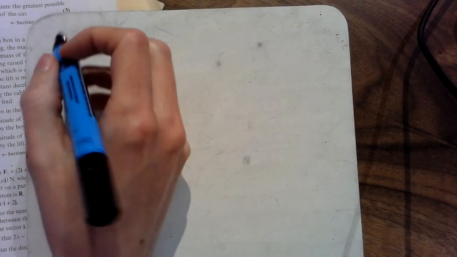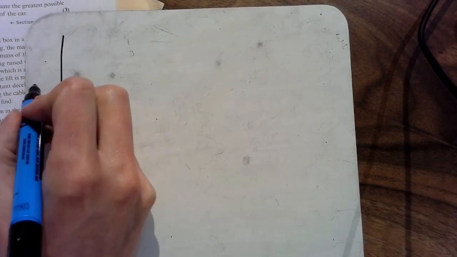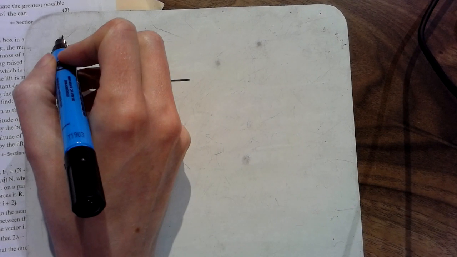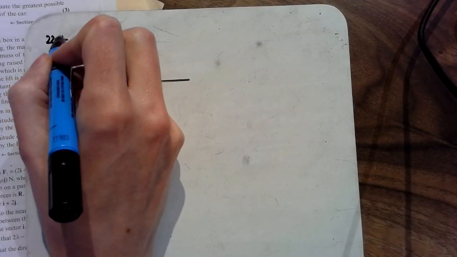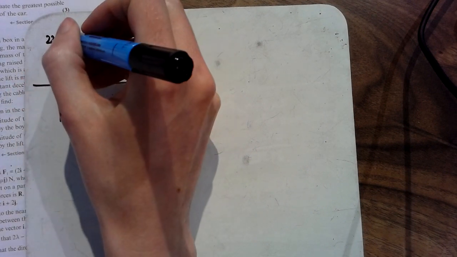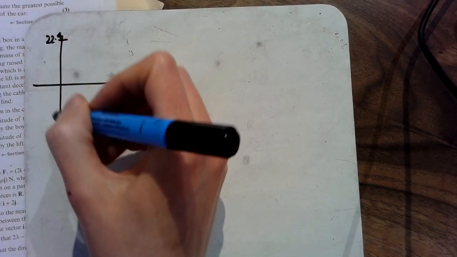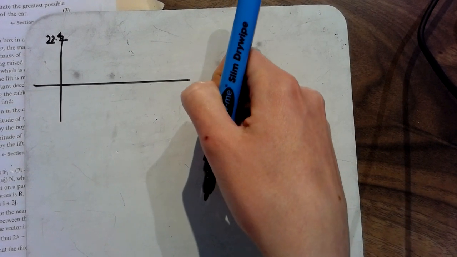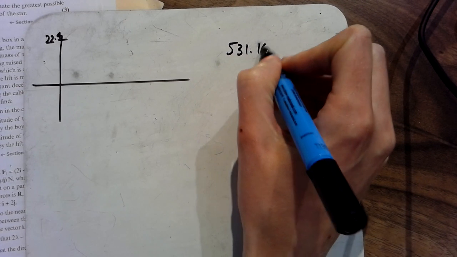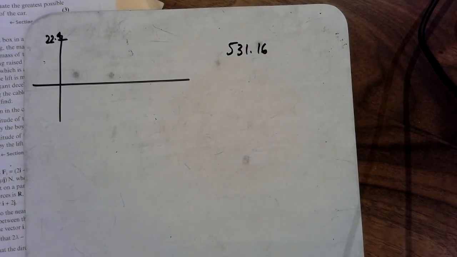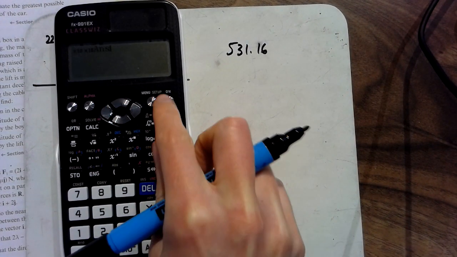Now the velocity-time graph, it started off with velocity 22.4 meters per second. When it hit the ground, it was going downwards at root 531.16 meters per second. We worked that out in the previous part.